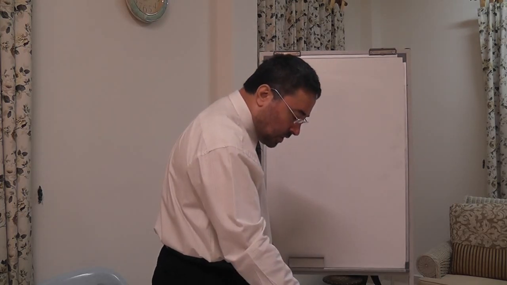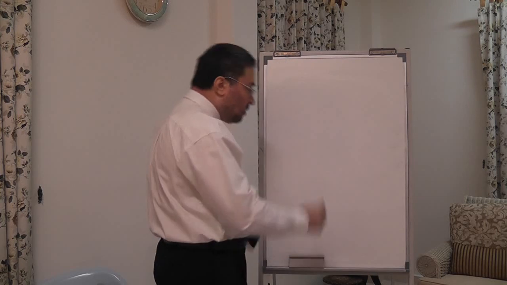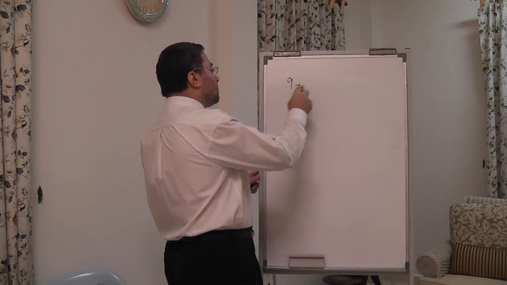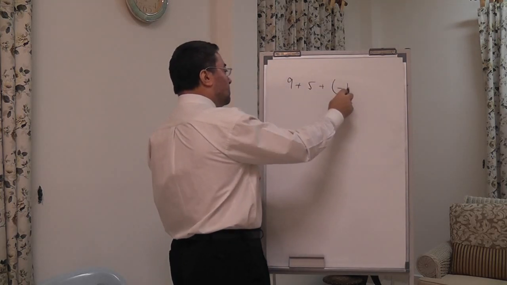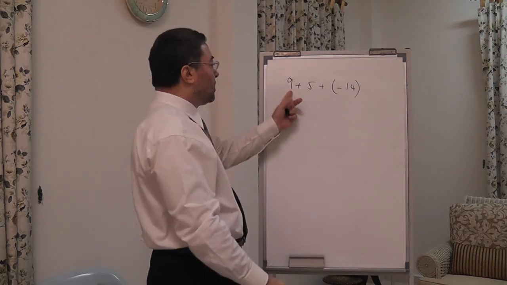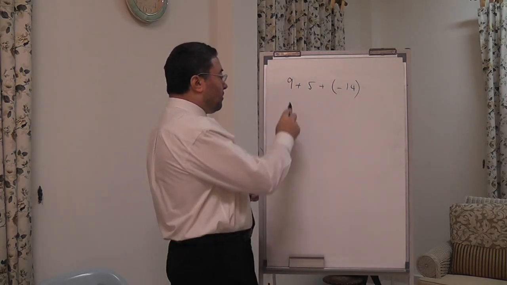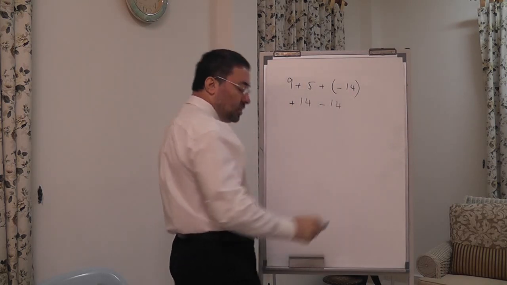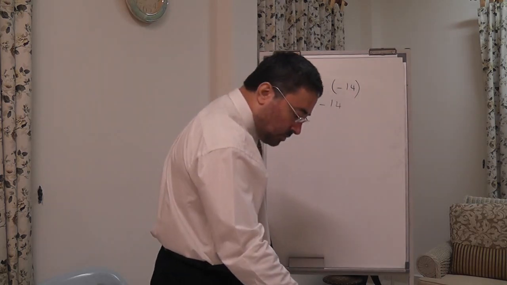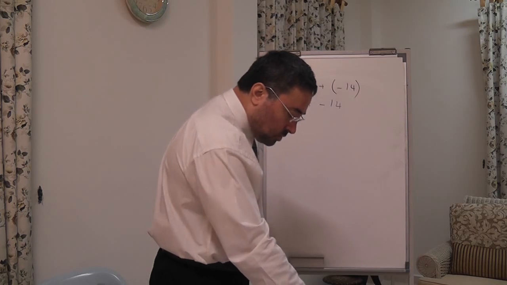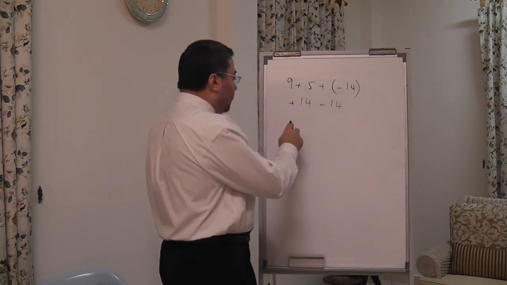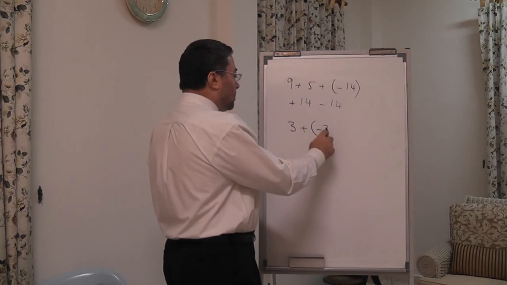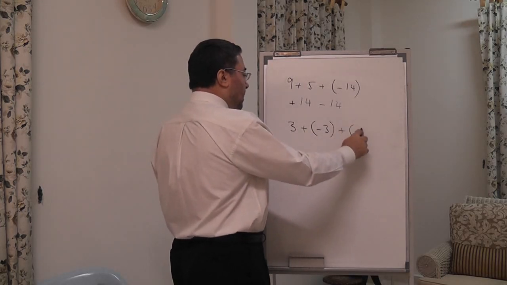Number 21, 9 plus 5 plus minus 14. Here these two give us a positive 14, and a minus 14, and that will be 0. Number 22, 3 plus minus 3 plus minus 5.